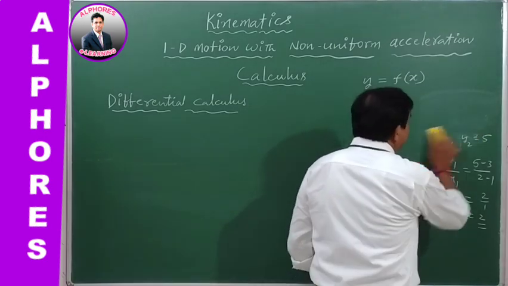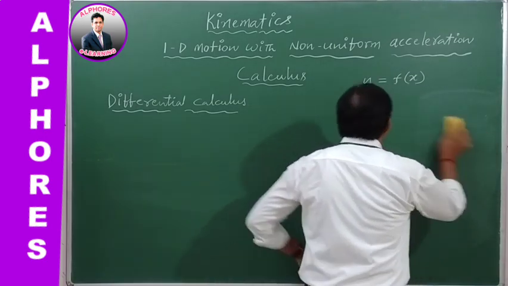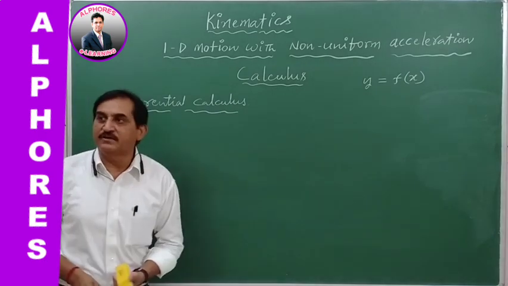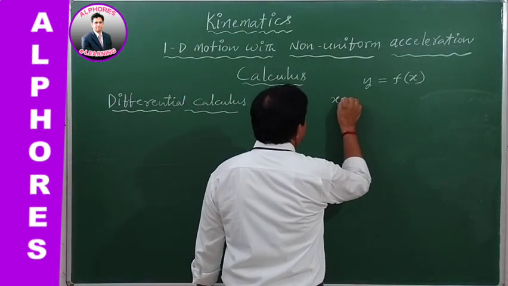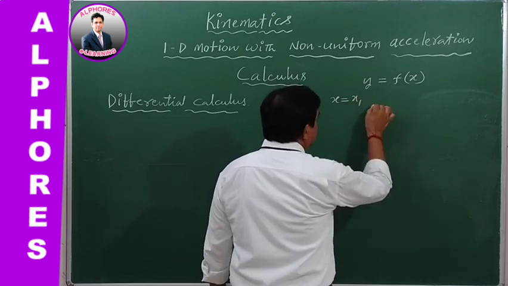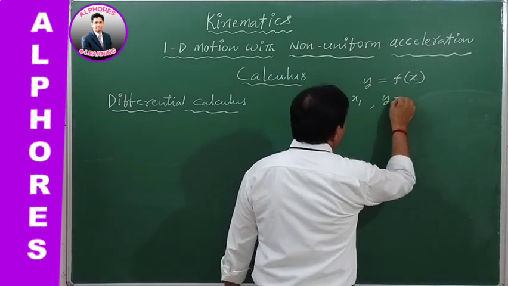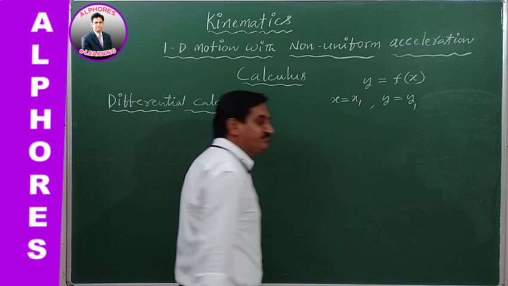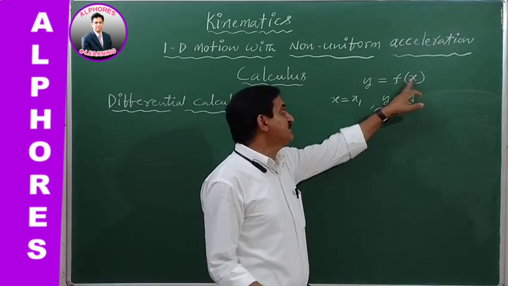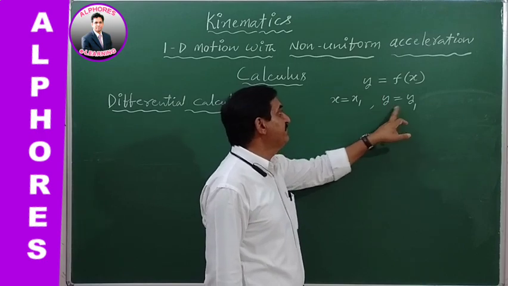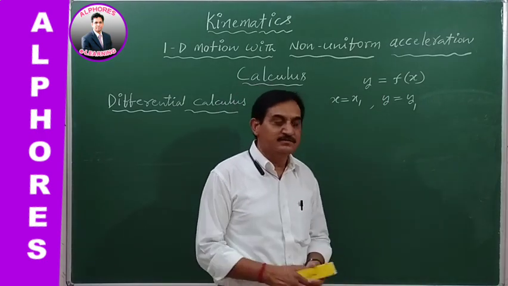Okay, leave it. Then go for here. This is our basic function y is equal to f of x. Put x is equal to x1, corresponding y is equal to y1. Whenever we change the x value, so x equal to x1, then corresponding y will also change, say y1.